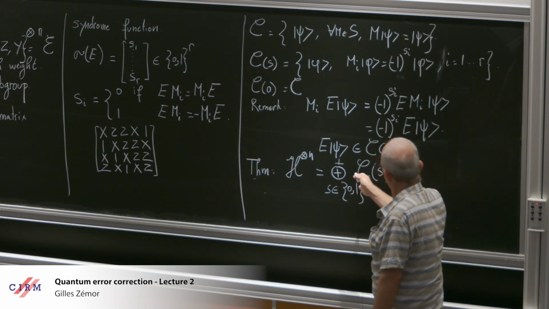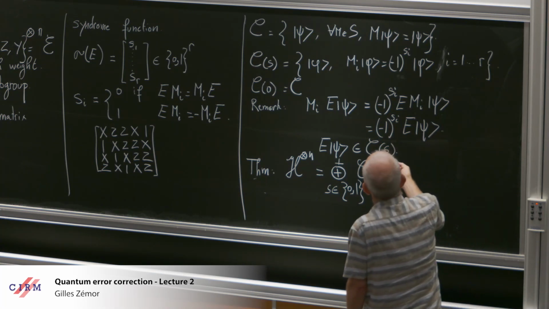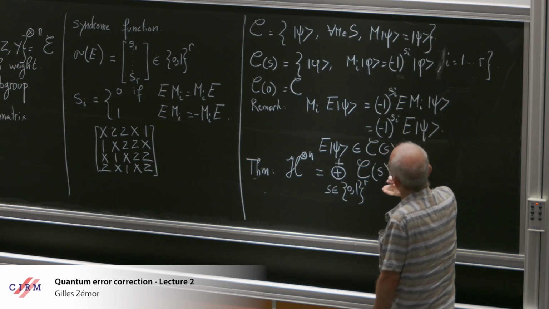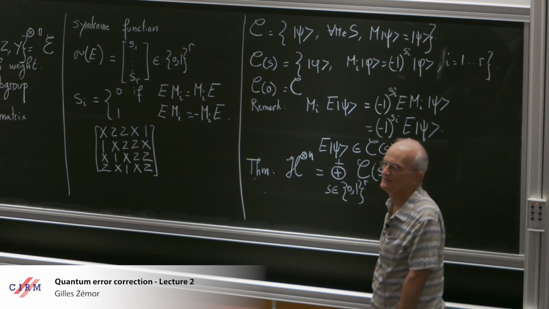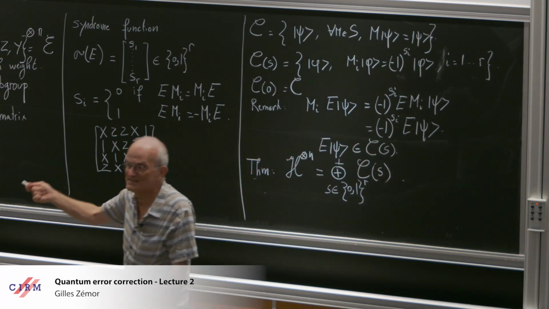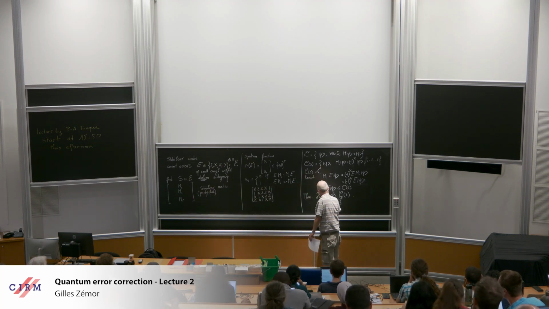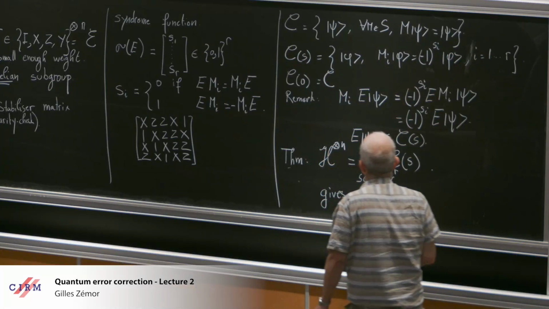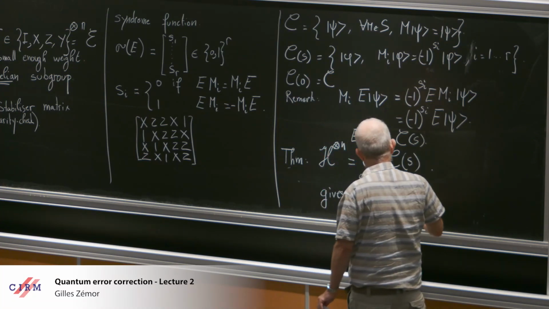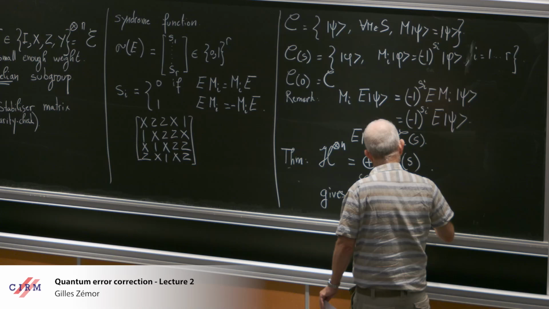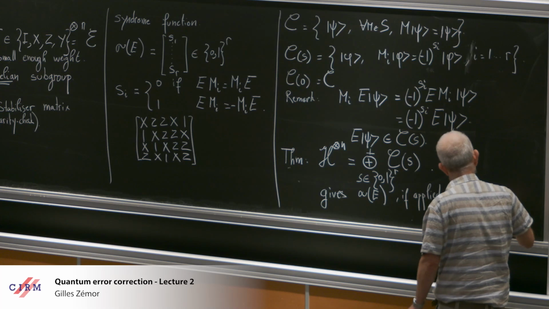We have a measurement which will project on the C of S, and if the state that we're measuring is E times psi, the measurement is going to tell us exactly that E times psi is in some C of S, where S is the syndrome of E. So the important consequence is that this gives the syndrome of E if the measurement is applied to E times psi.